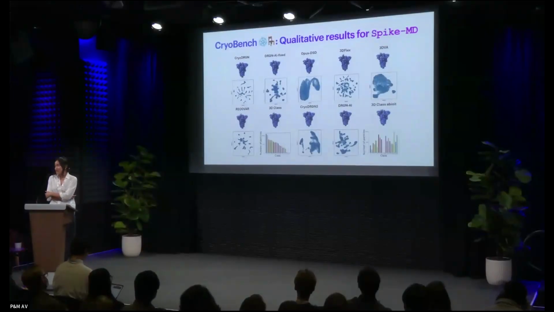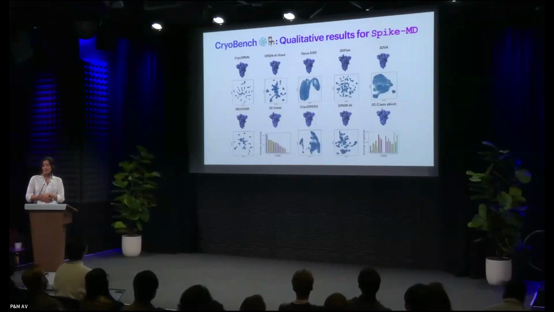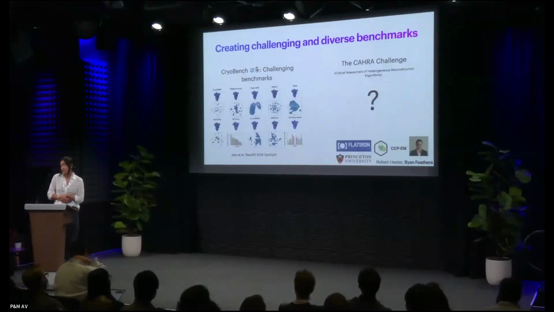And hopefully you can appreciate that many of these methods have low dimensional learned latent spaces, but these are arbitrary. How do you actually compare them? How do we actually quantify how well we're doing, especially for these super complex ensembles? We have some solutions, but these are still open problems for the field.